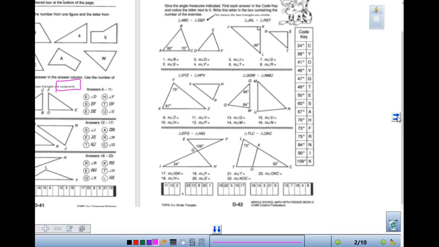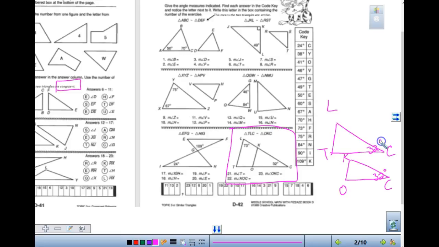When we take a look at this one, my hint would be if we think of drawing these two triangles, you have a big triangle, which is from L to T to C. And then I have a smaller triangle, which is from K to O to C. What we know is that this is 32 degrees in both of these pictures, right?